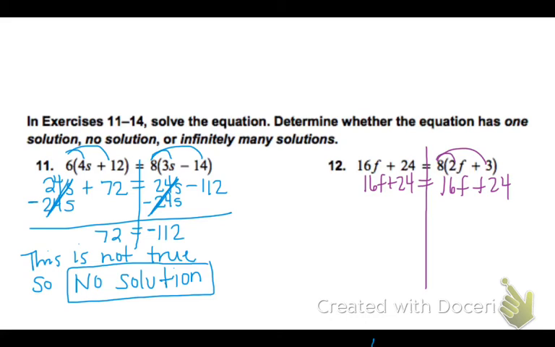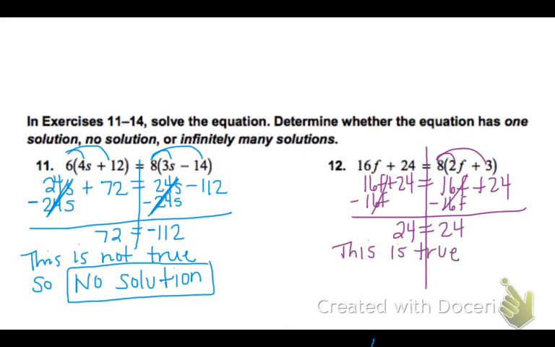Hopefully this is enough work for you to say, look, I don't have to do any more, right? If you just started problem solving because that became not apparent, you would also notice that these cancel, and 24 is equal to 24. And so, because this is true, it will be true for all values of x, or f in this case.